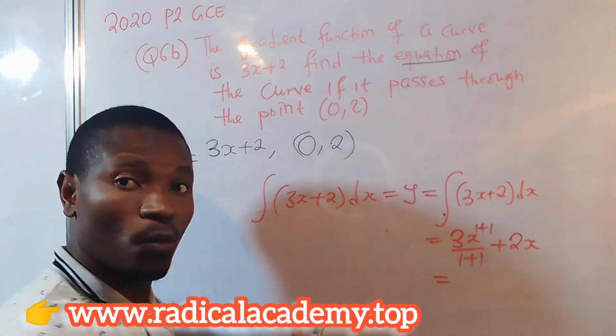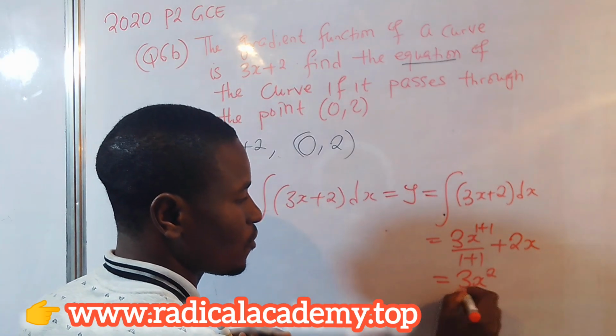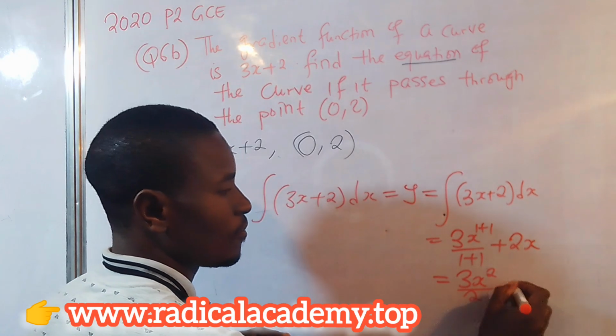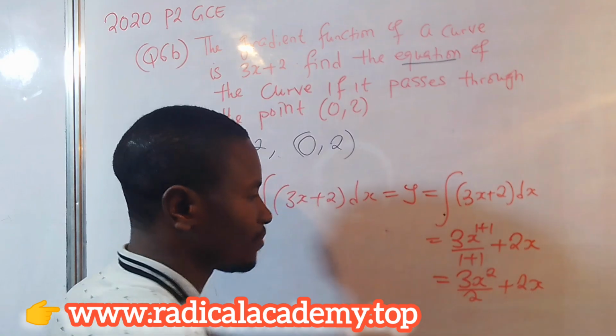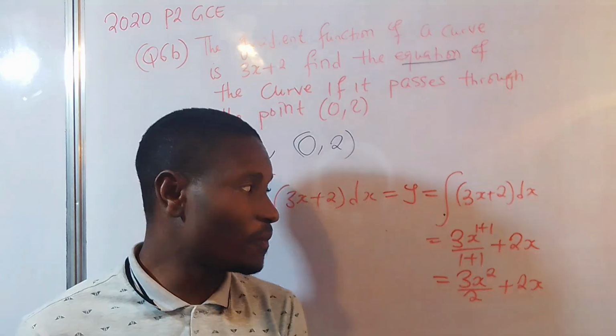Now we can simplify. This is going to be 3x to the power 2 over 2 plus 2x. The moment you reach there, you're almost done.